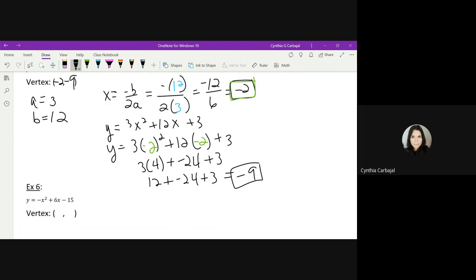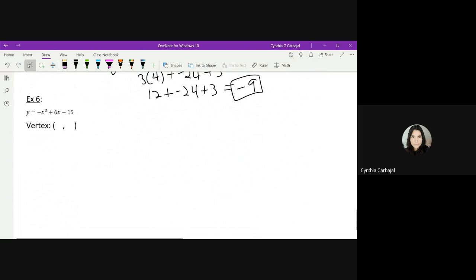You can always check yourself with the graphing calculator, like an online graphing calculator. All right, almost done. Last example. A here: there's nothing in front of the x squared, so it's a 1, but there is a negative, so it's a negative 1. B is 6. So then we do x equals negative b over 2a.